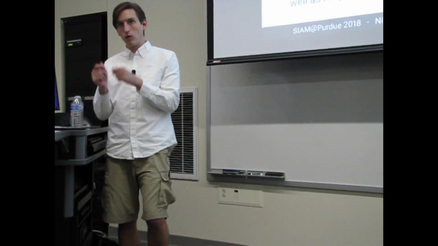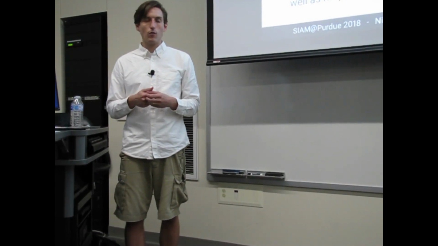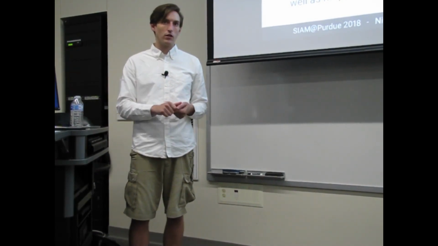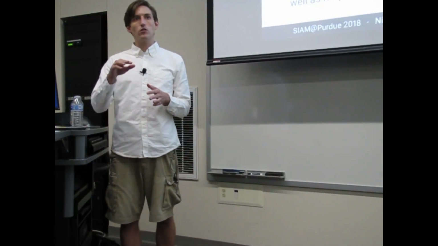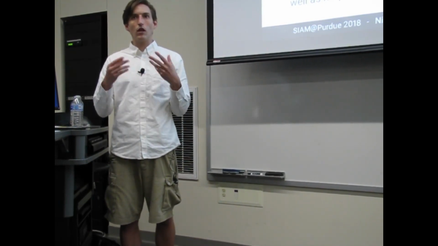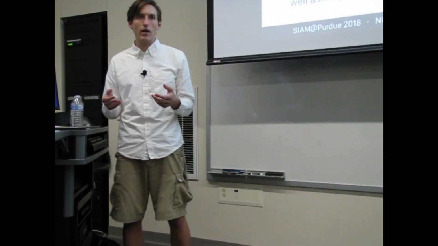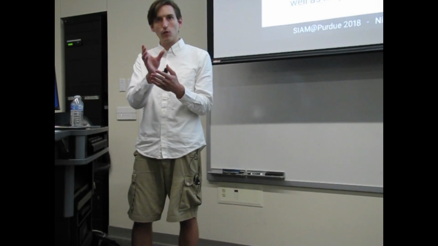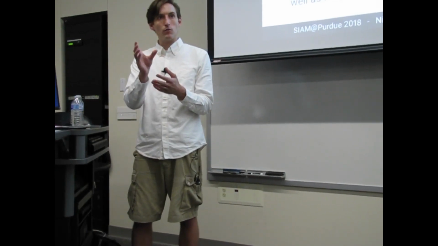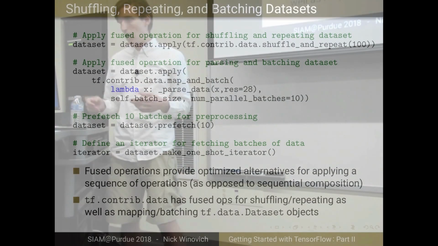And to do this quickly, we don't want to just compose functions. We don't want to say, okay, let's first shuffle it, then let's batch it, and then let's apply a transformation. We want to do this in a more clever fashion, which takes advantage of the fact that we're already working with this data to batch it. We may as well apply a transformation at the same time.